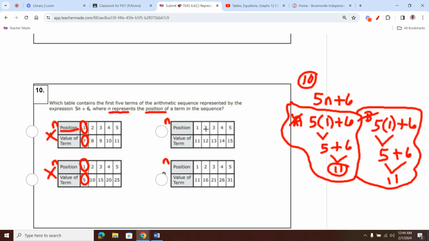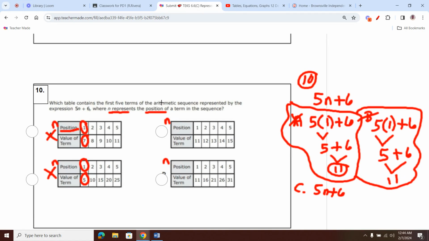So now I'm going to choose 2, 12 and 2, 16. So let's start with letter C. This is A, B, C. So letter C says, and copy the equation 5n plus 6.